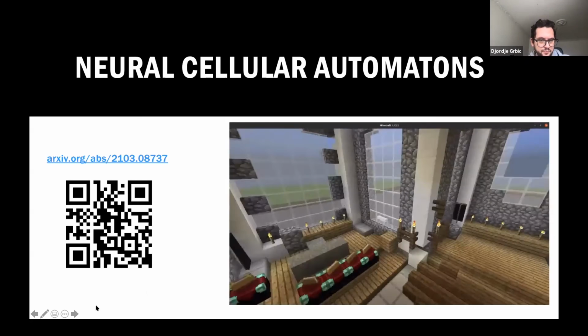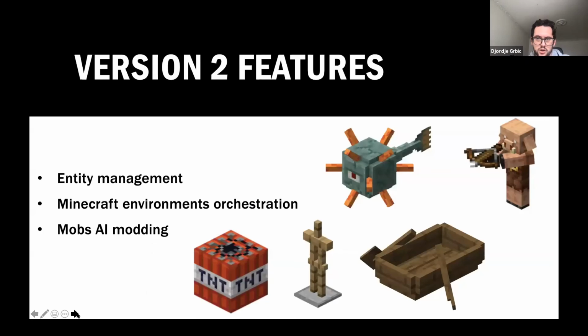And we are working on version 2 that will allow entity management. Entities are more like functional objects in Minecraft, like mobs, NPC objects, boats, and certain things. It might help with interactivity and complexity of systems within Minecraft.